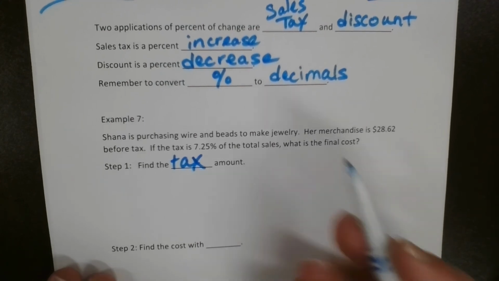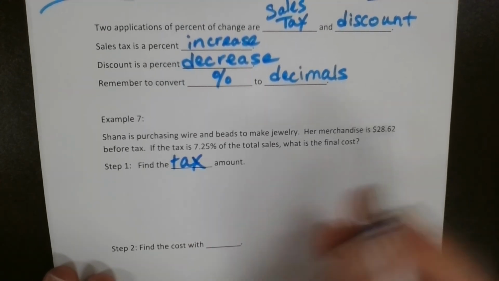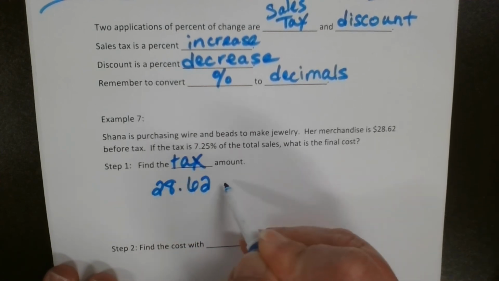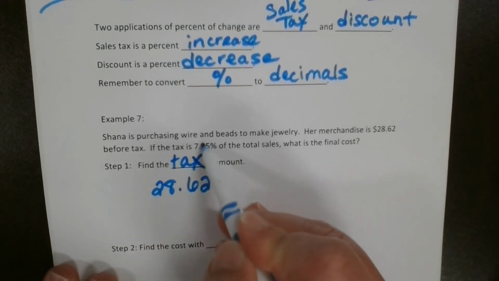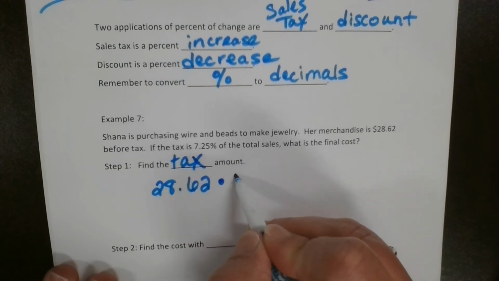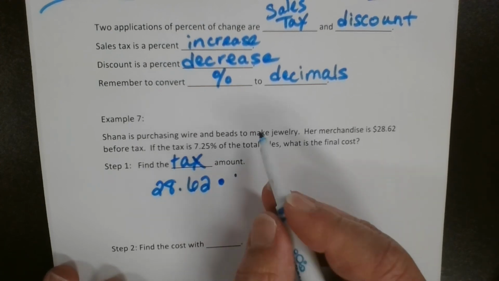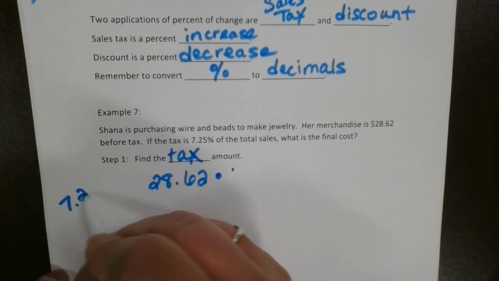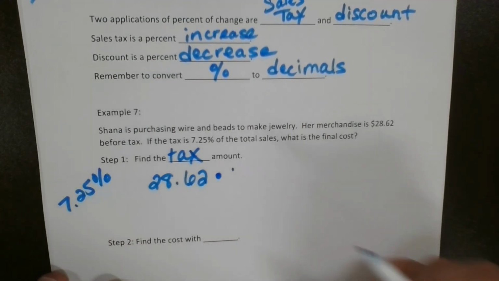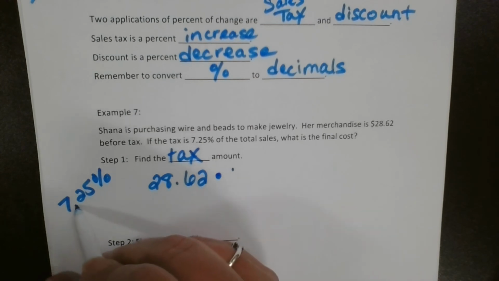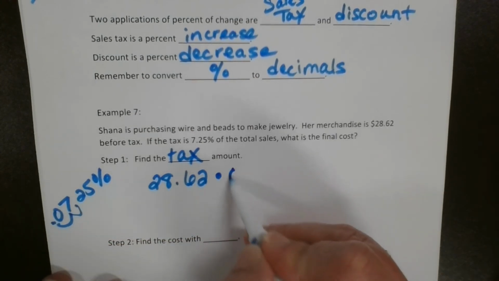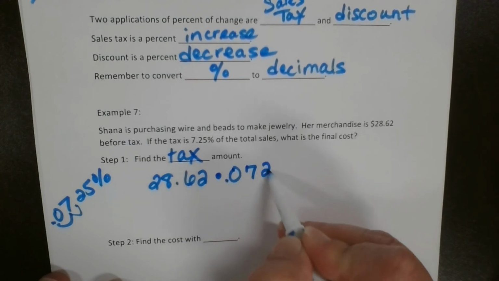So we're going to take this amount, 28.62. We're going to multiply that by 7.25%, right? We're going to convert that 7.25%. I need that in decimal form. Move this twice, get 0 in the front. So we're going to multiply that by 0.0725.